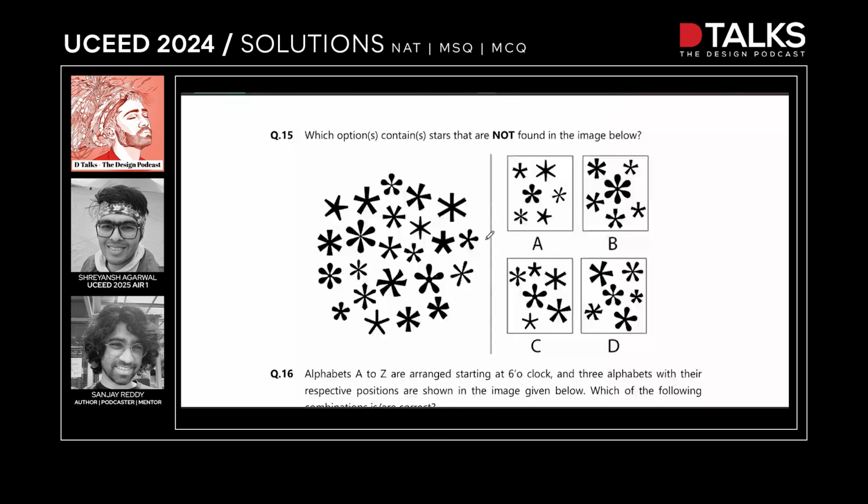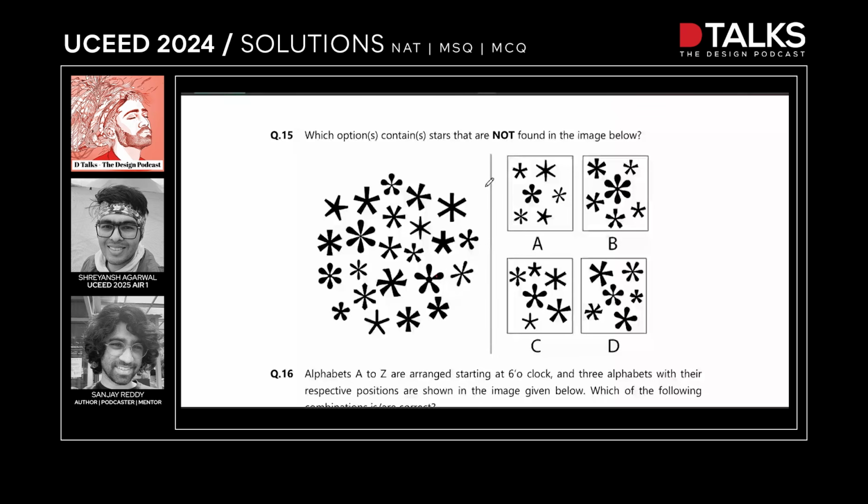This one's here. I think the one with the wider petals, the darker one, the one in the center. This one. That might not be there. Is it not the same as this one?